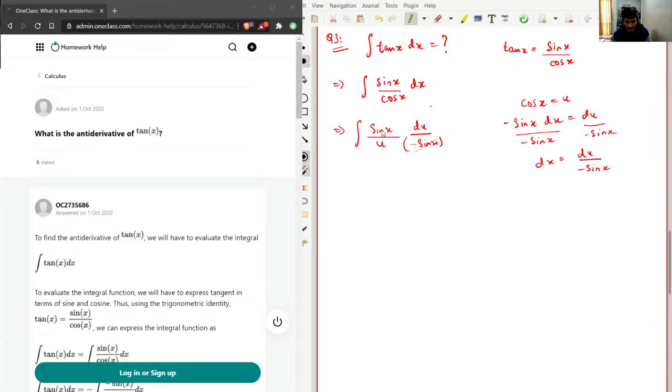So I can just cancel these two and I will get minus of du over u. Now I know that the integral of dx over x is ln of x. So in this case, the integral of du over u will be minus of ln of u. And we'll add the constant of integration in the last step.